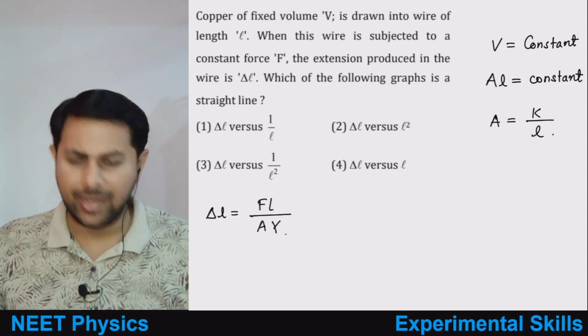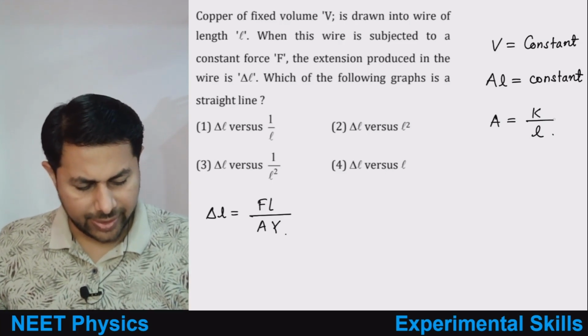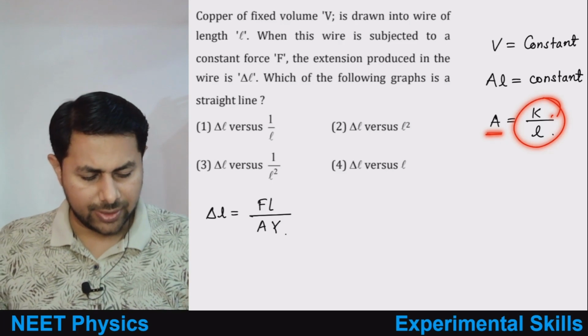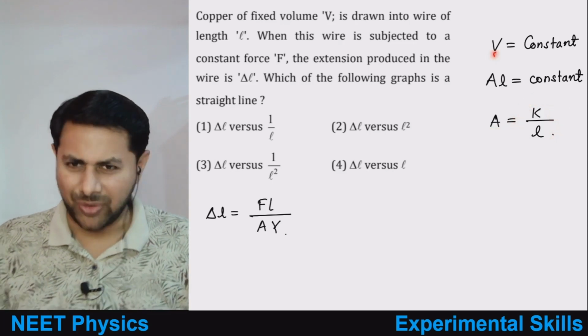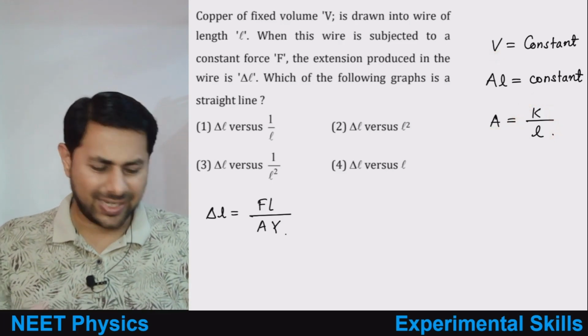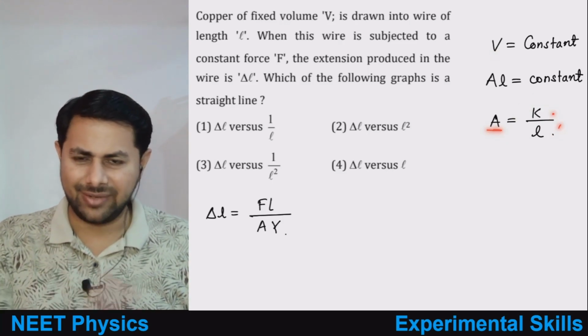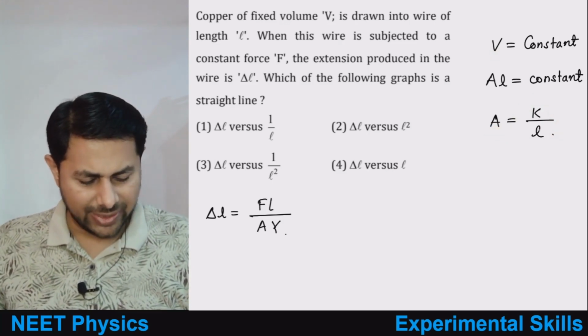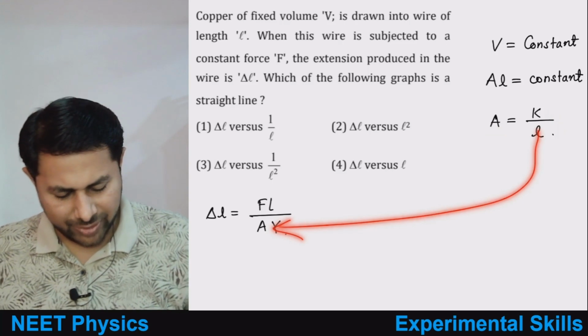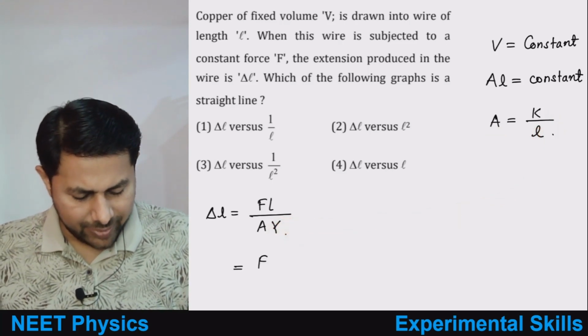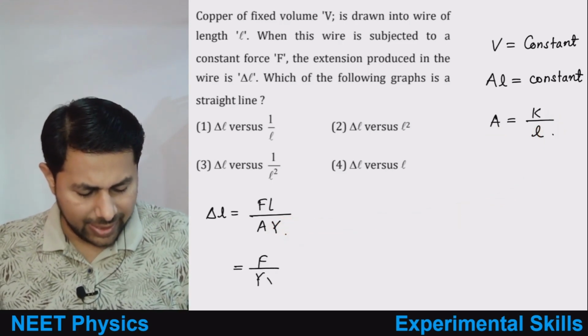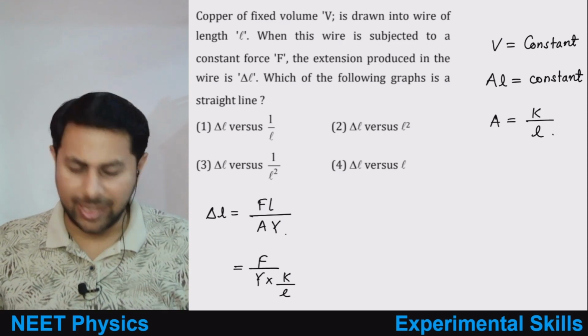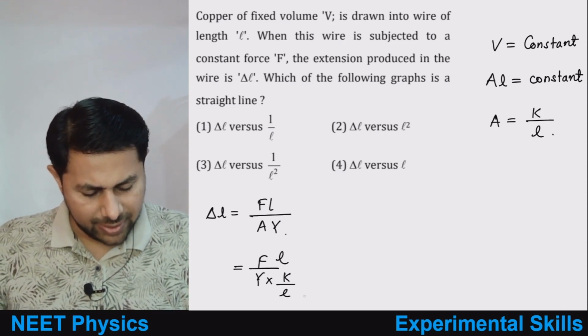divided by L. You can write area is equal to some constant divided by L. What is that constant? Actually it's volume only, right? You can substitute that here, and then what do we get? It is F upon Y, and area can be written as a constant divided by L, and there is one L in the numerator.